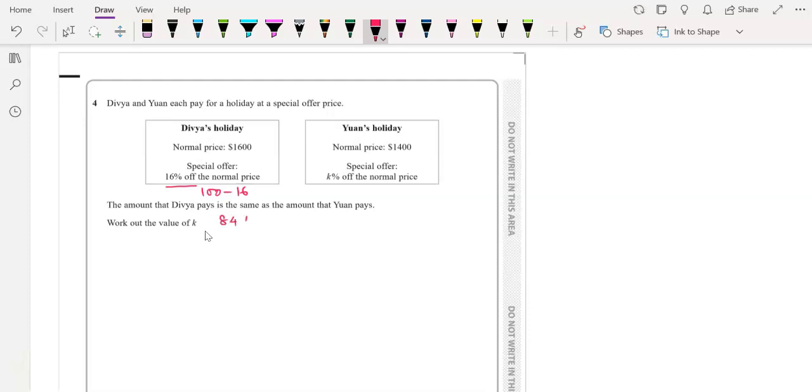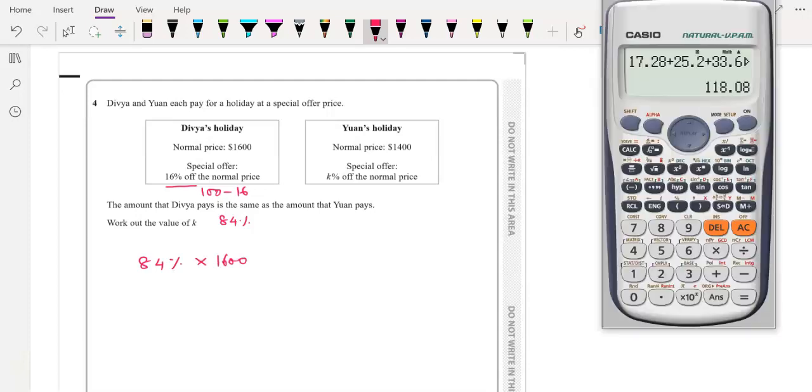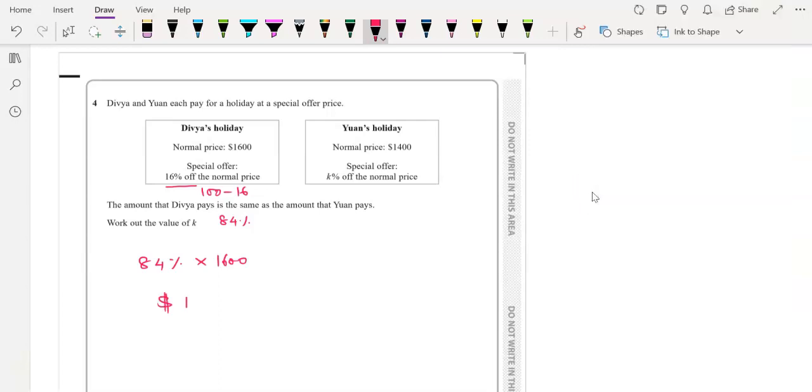That means she pays only 84% of the actual price. So 84% of 1600. So Divya pays 1344. This is the amount paid by Divya.